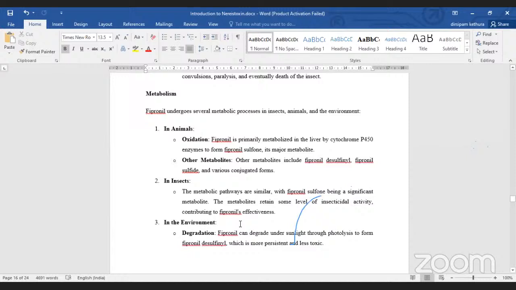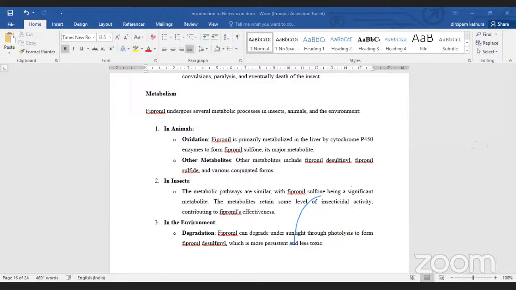Coming to the metabolism of fipronil, if you could see here, in different ways, fipronil undergoes several metabolic processes in insects, animals, and the environment. Here, fipronil is metabolized in animals and insects primarily to fipronil sulfone, with further degradation in the environment.